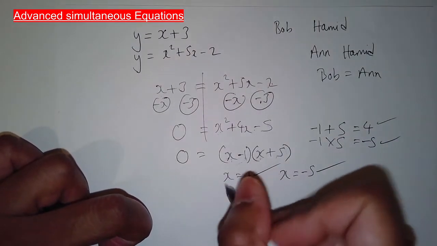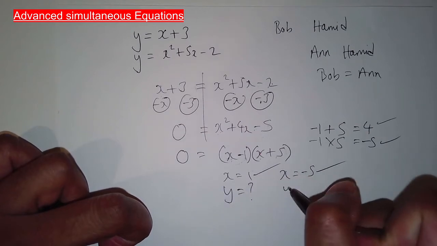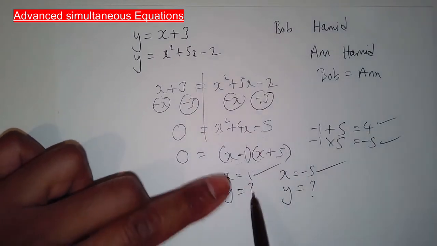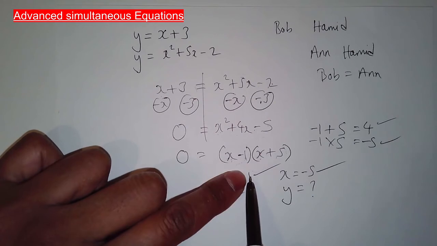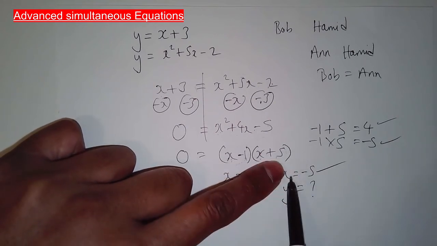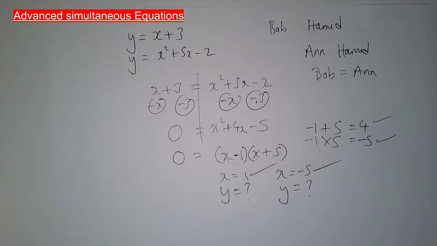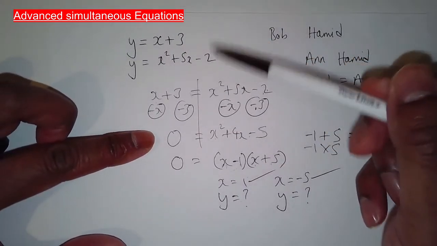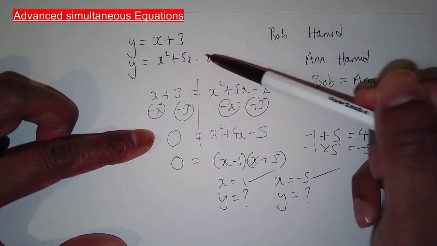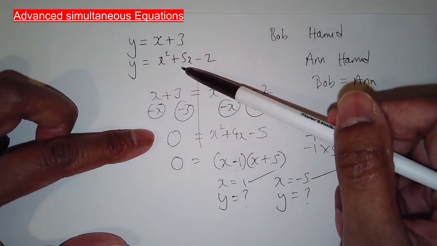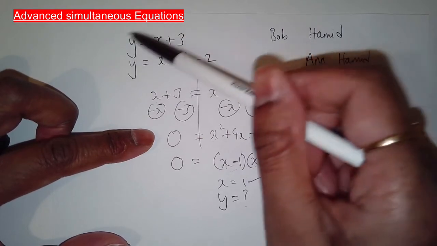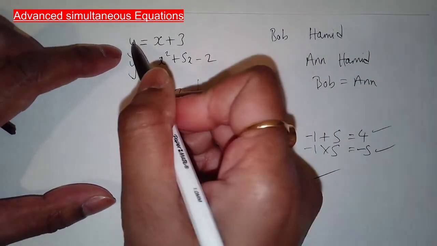Now what we need to do is find the two corresponding values of y. The y value corresponding to this x value, and the y value corresponding to that x value. So you choose an equation. Please choose the easiest one. That one's not easy to work with. That one's by far the easiest, so choose that one.